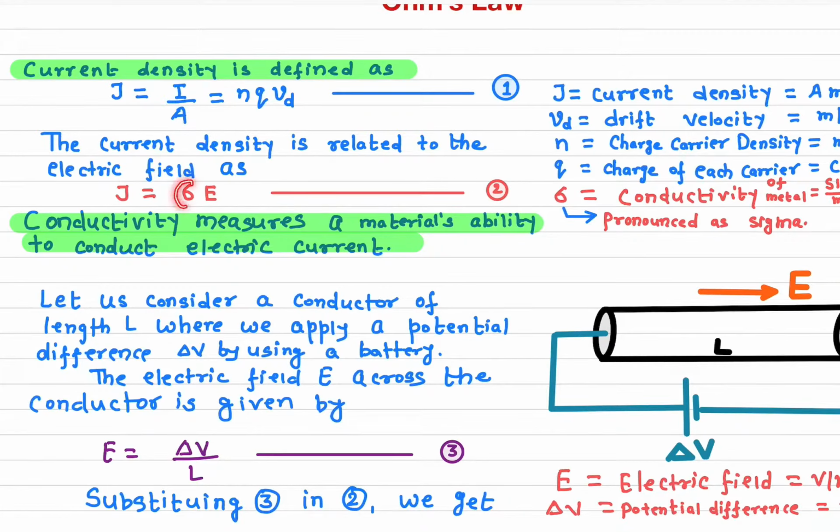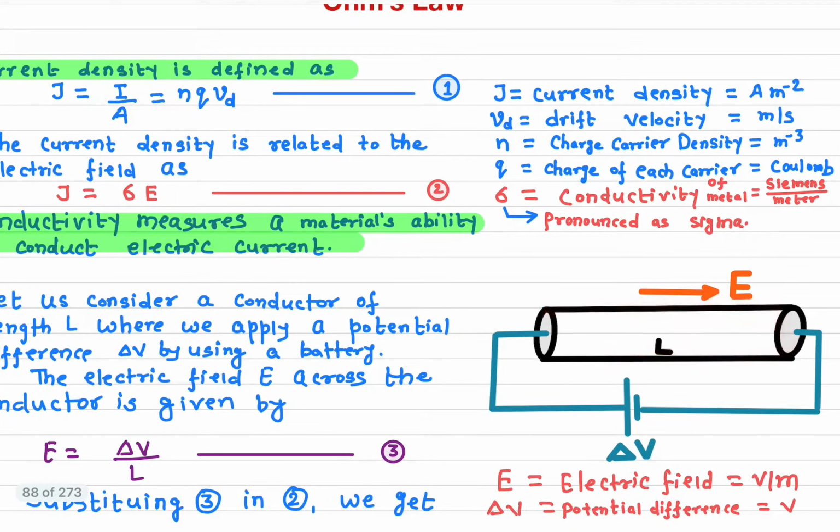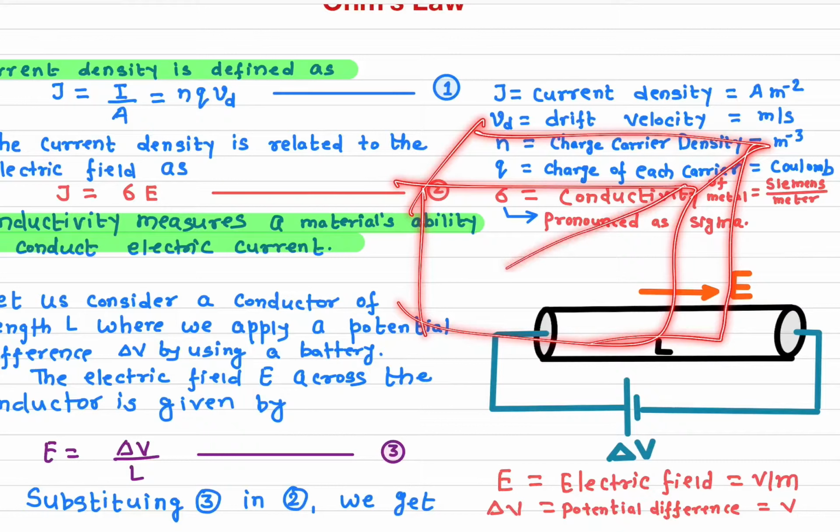And this is the material's property. The sigma, or the conductivity, is a material property. What does it mean? This means it does not depend upon the length of the conductor. It doesn't depend on what it looks like. It could be cylindrical, cubical, or any arbitrary form.